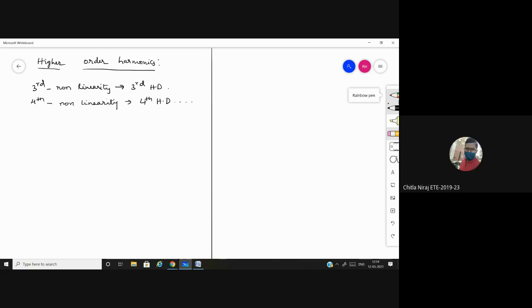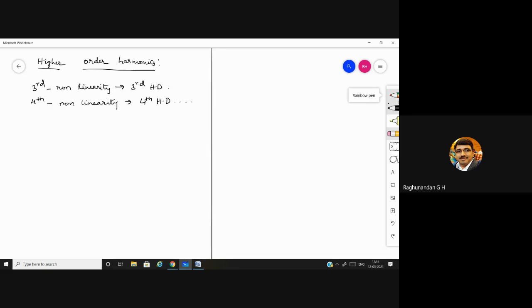See, for the given device, if your output is increasing with respect to the increase in the input signal, then you are going to call that the device is linear. You are increasing the input, the output is also increasing.